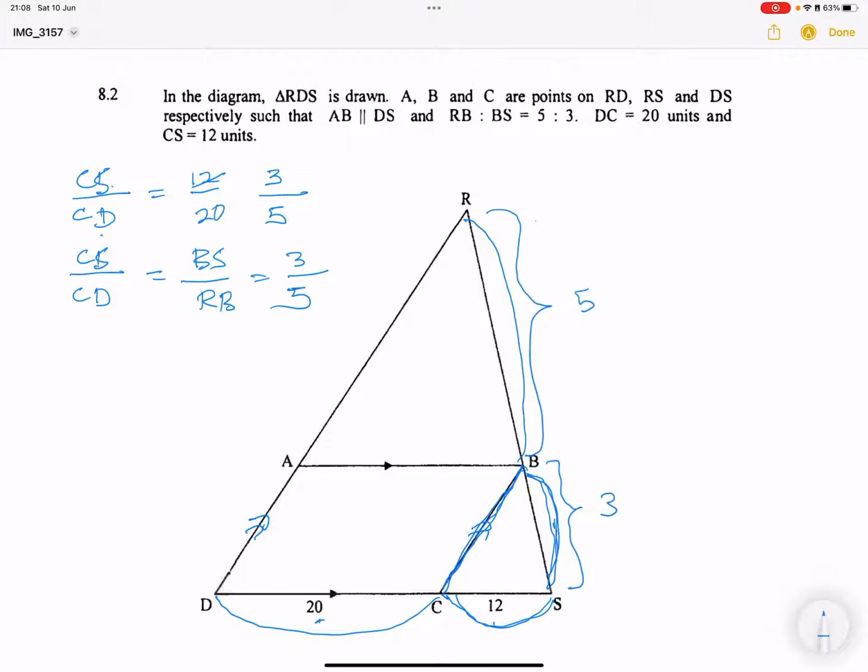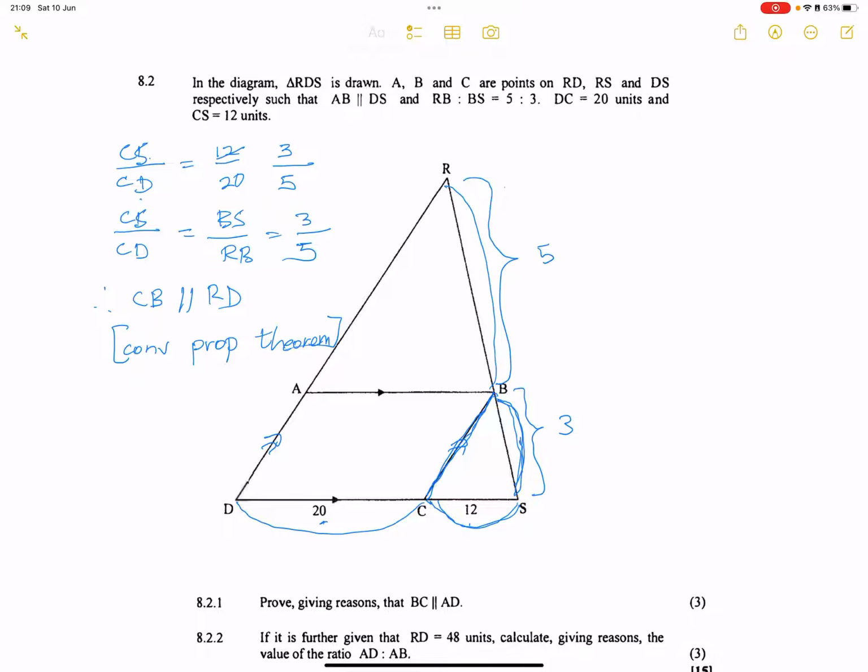Therefore, we have proven that CB should be parallel to RD. And we can say this is the converse of the proportionality theorem. So we've done that there.